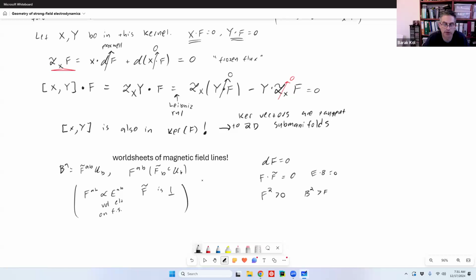And B squared greater than E squared. This just makes the field sheets time-like, so they actually represent magnetic field lines. Time-like kernel. And this is no monopoles.